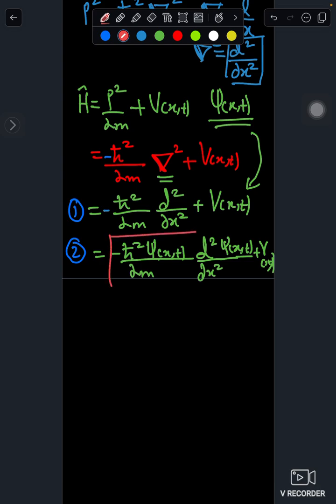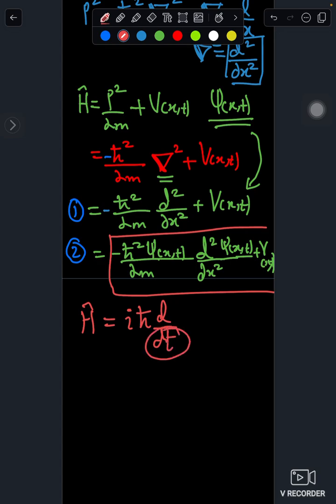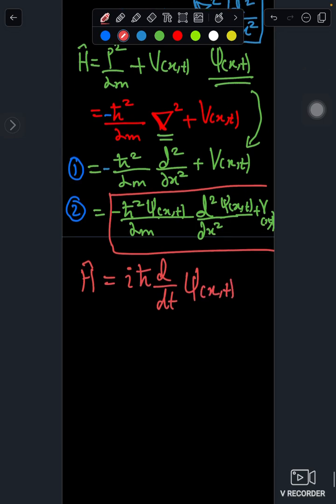So this is the right part of the equation. The left part of the equation, which is H, is what? H is i h bar d over dt. dt is the time derivative. We're talking about the time derivative operator. Psi of x and t.